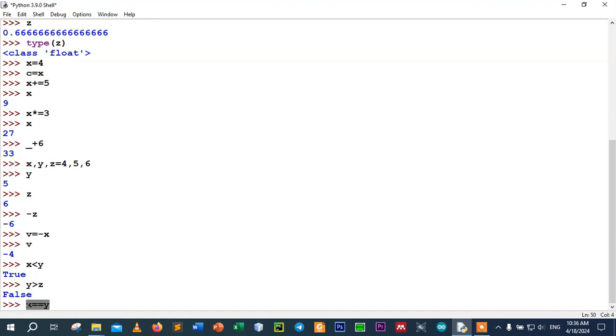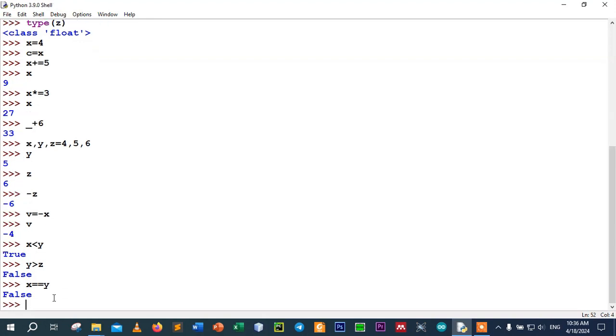This operator means x is exactly equal to y. It is false because 4 and 5 are not equal.